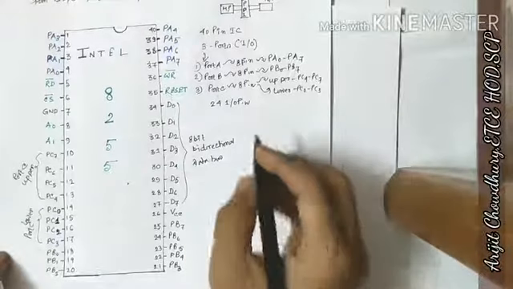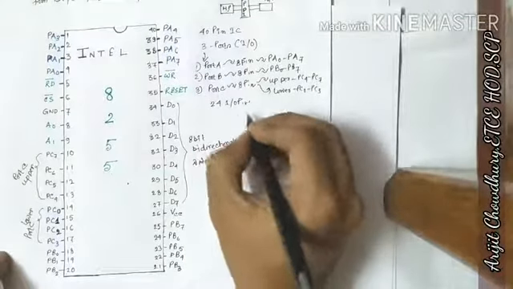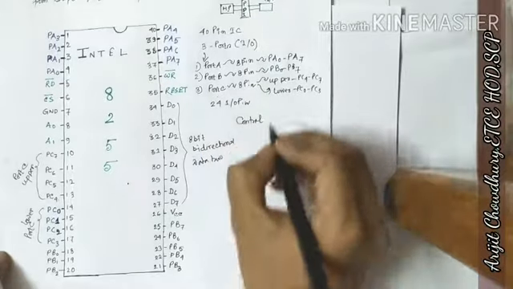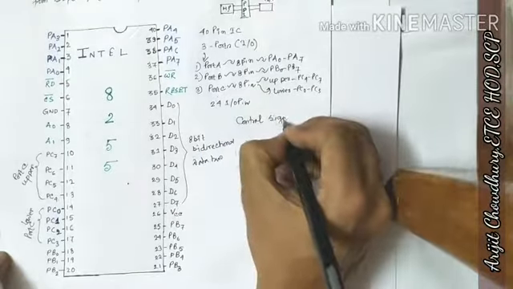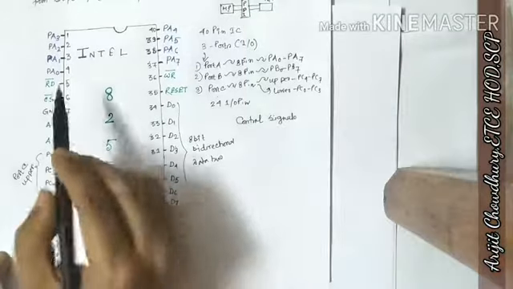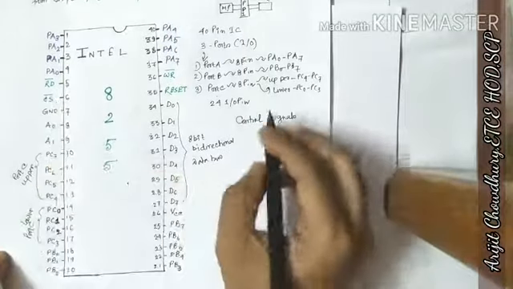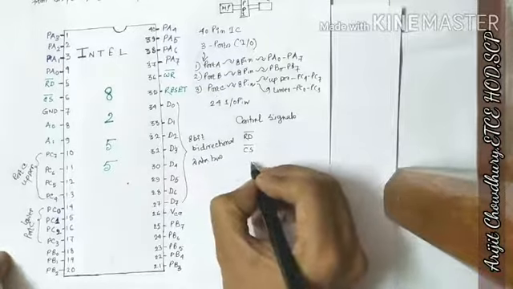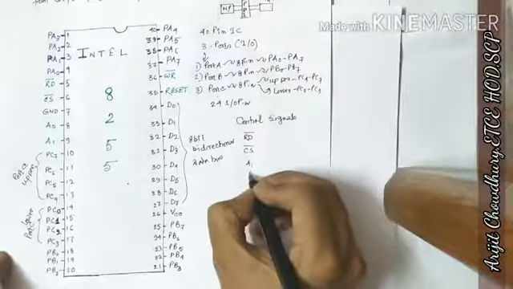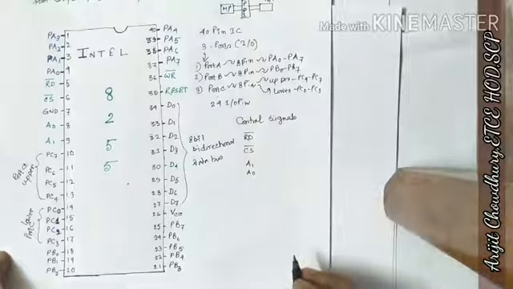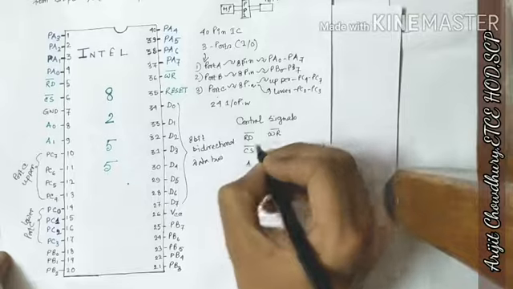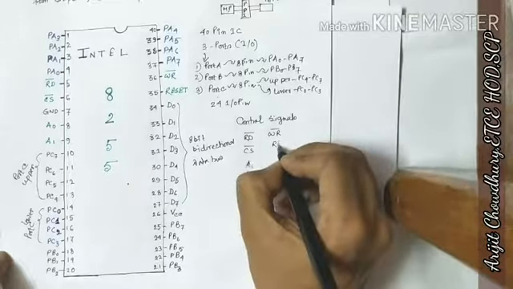Then there are some control signals: RD bar, CS bar, A1, A0, WR bar, and reset.